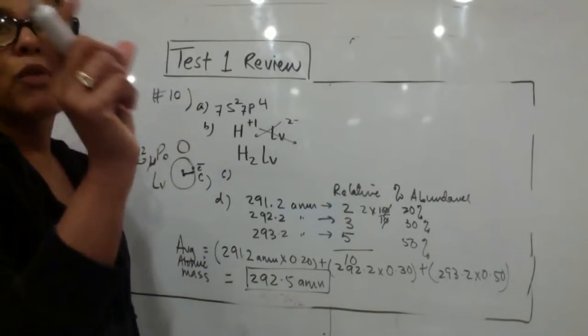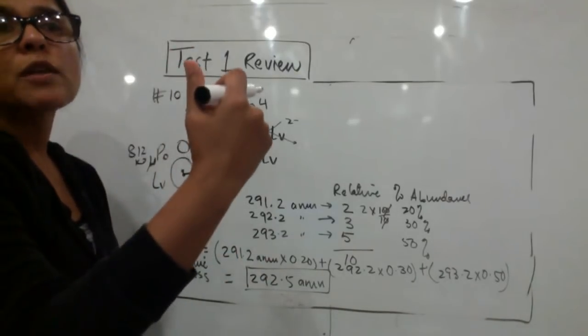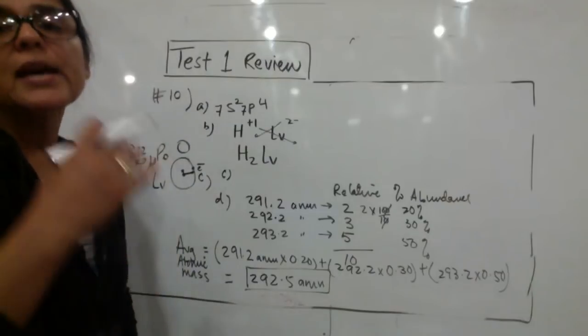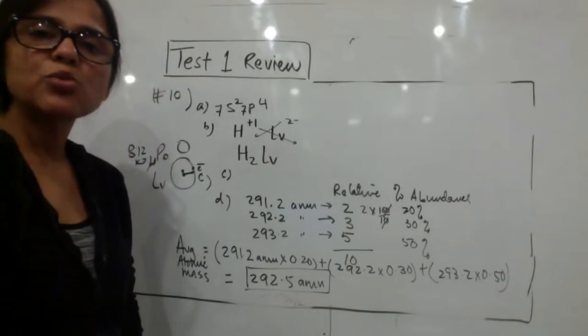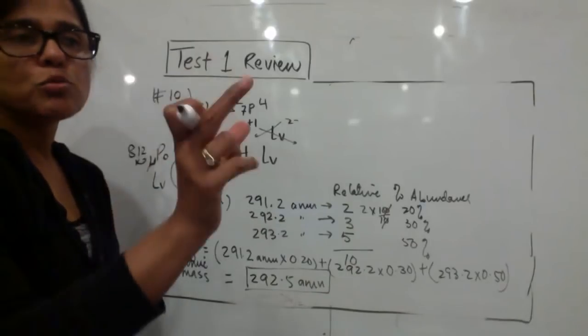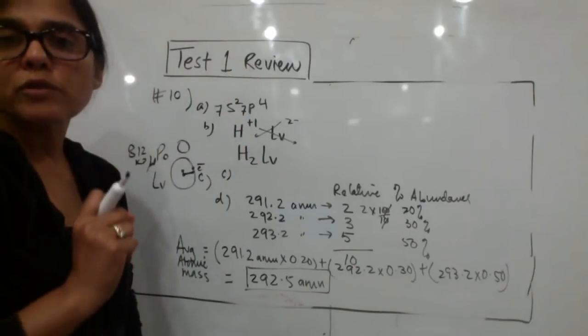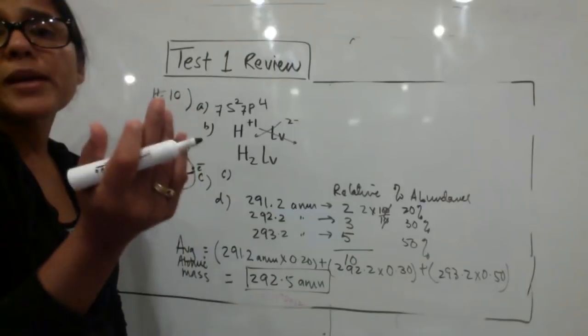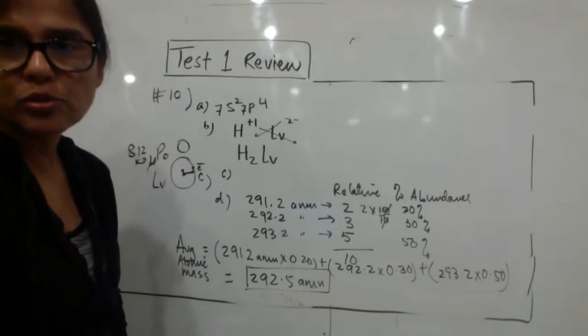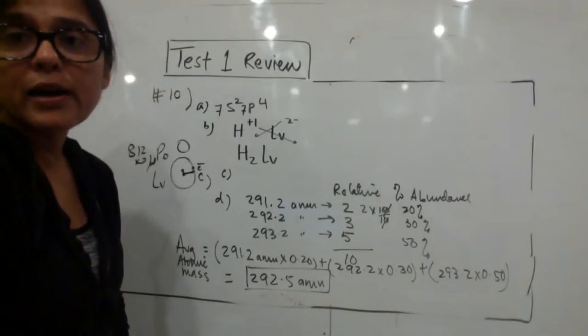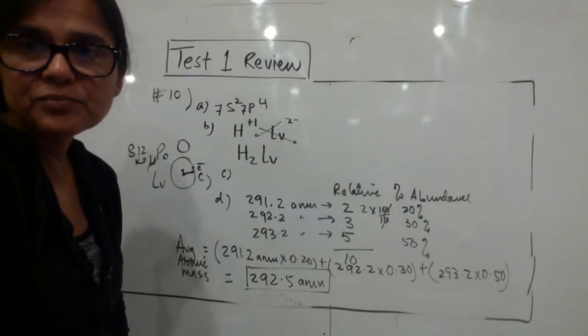Assume there is a 1:1 mole ratio because moles of acid is equal to moles of base. For an acid that has only 1 H and a base that has only 1 OH, that is true. Moles of acid are equal to moles of base. But if your acid or base have 2 H's or 2 OH's, then that ratio does not hold good, Natasha. So you got to take that into mind.